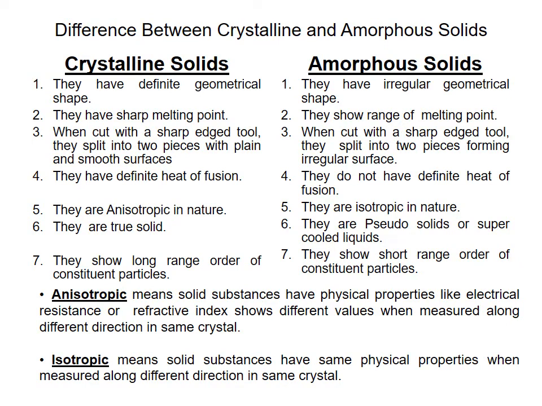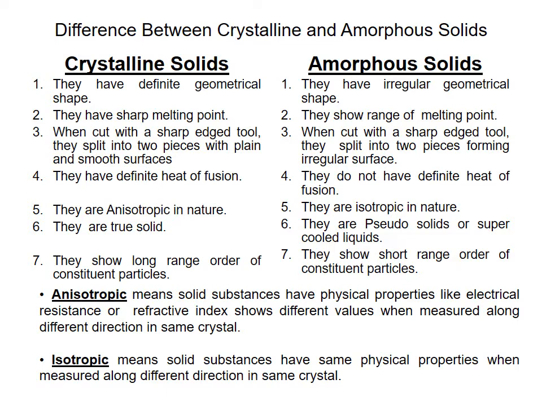Now let us understand the difference between crystalline solids and amorphous solids. We will study these differences with the help of certain properties. You can see on your frame that the differences between crystalline and amorphous solids are shown. These are written on the frame only to help you answer the question in your exams.